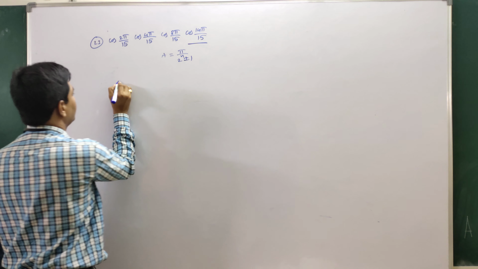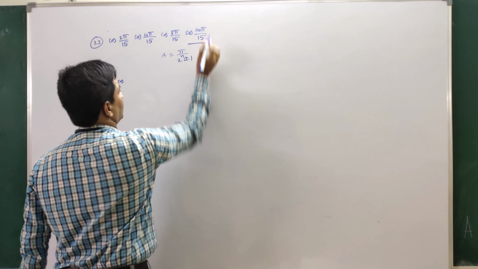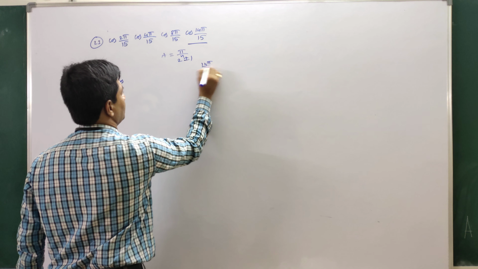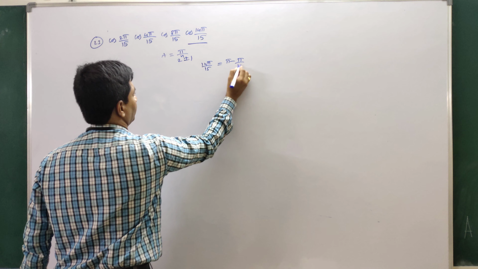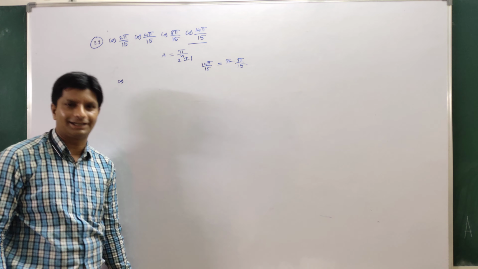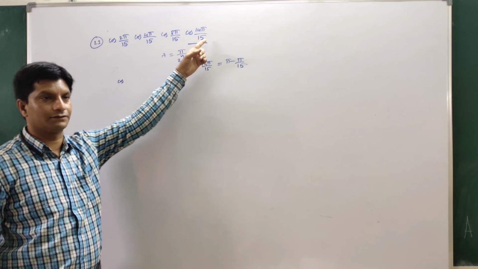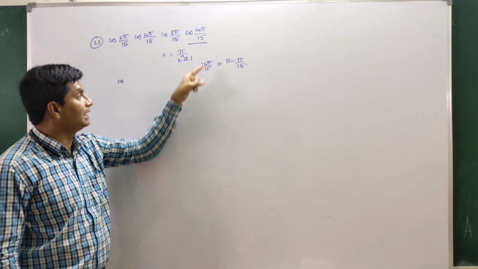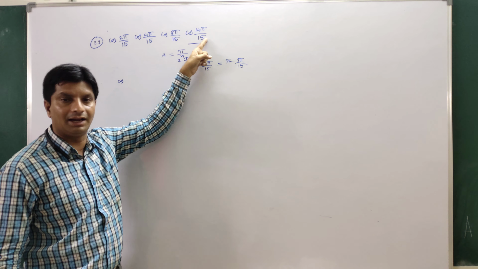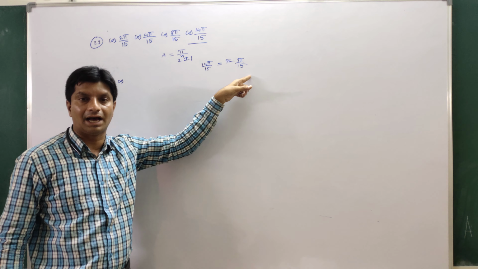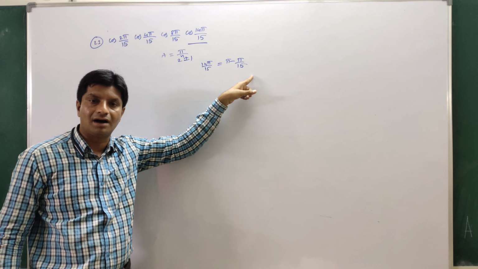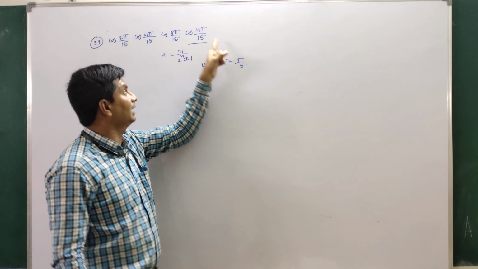This can be written as cos of 14 pi by 15, which means pi minus pi by 15. Is it right or not? Take LCM, you will get this one. So apply cos for this one. In place of 14 pi by 15, pi minus pi by 15. Cos of 180 minus theta: it is in the second quadrant, cos is negative, so you will get minus cos theta.